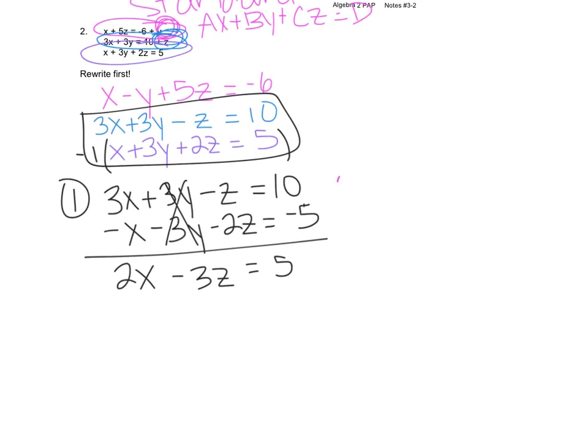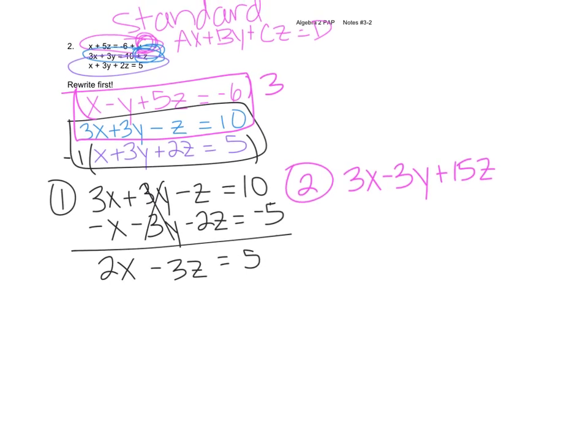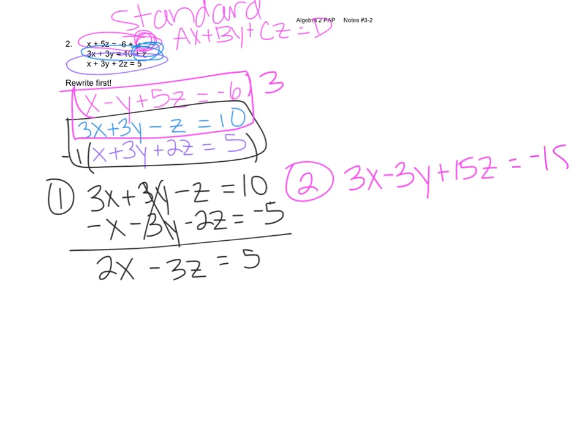Step 2 is use two other equations and eliminate the same variable. So I'm going to use these top two equations, which means I need to multiply that top one, if I'm eliminating the y's, by a 3 since it's already a -y. So that's going to be 3x minus 3y plus 15z equals -18.